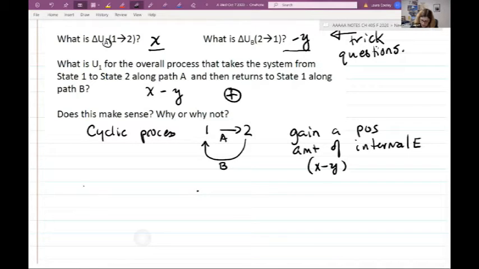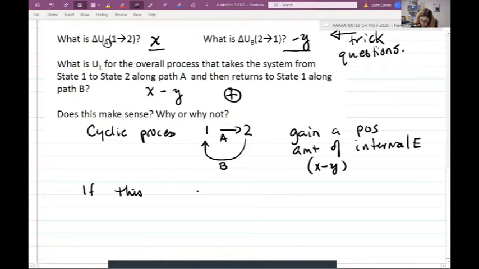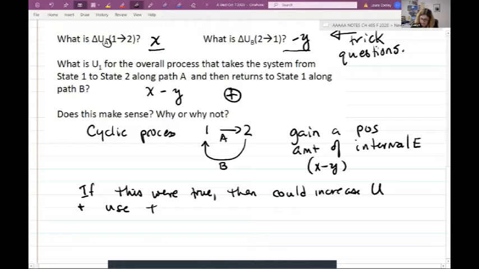So if this were true, then you could increase internal energy and use that energy, and you could do this continuously.